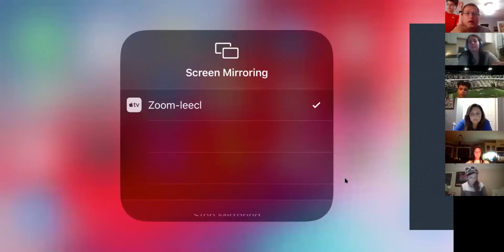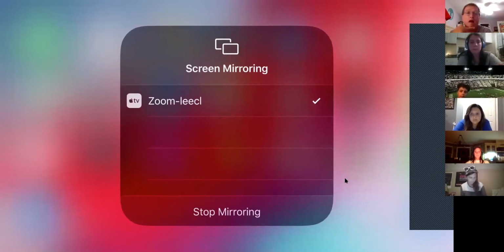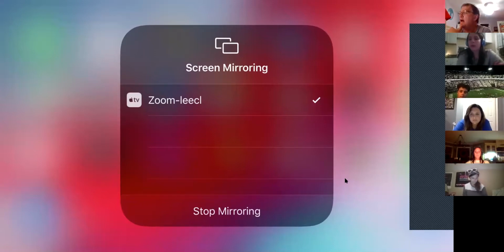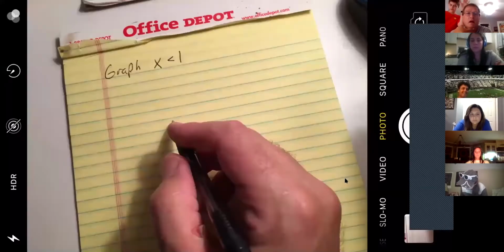It should be connecting soon. Okay, it should have shown on my iPhone screen. Blast it. It's having an issue with frame rate. I think we're caught up.